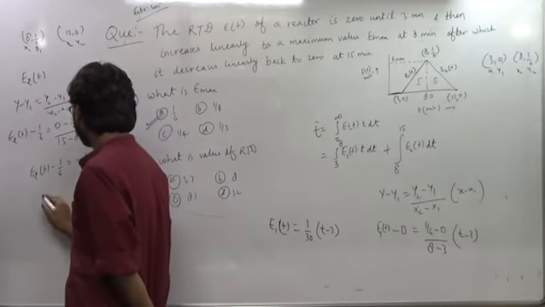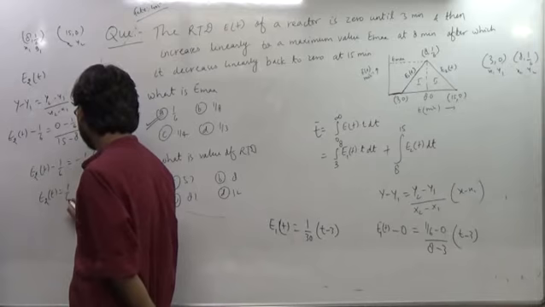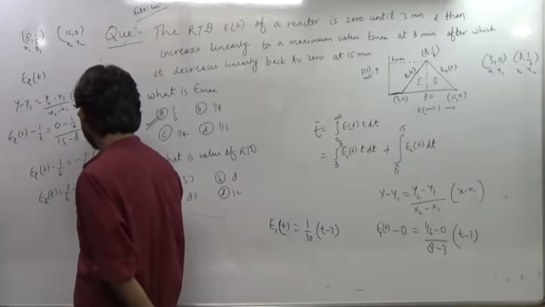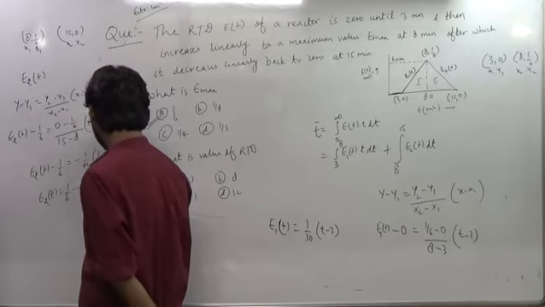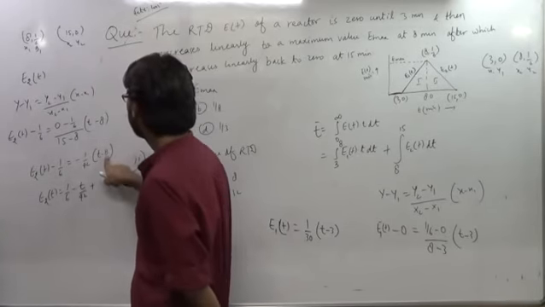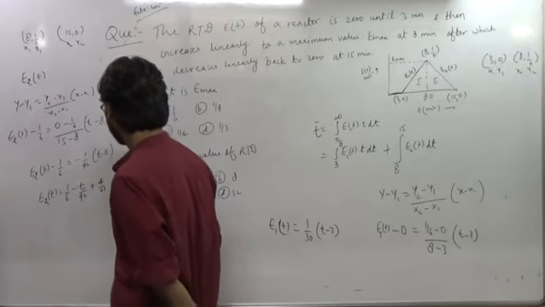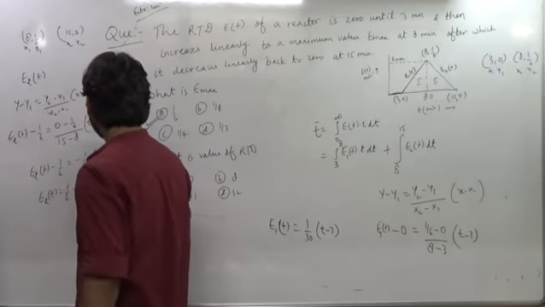This value. Now e2(t) is equal to 1 by 6 minus t by 42 plus this value, we can write 8 divided by 42.